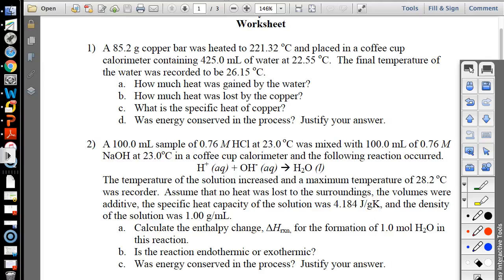I'm walking around if you need me. I'm going to put the answer for number 1, but obviously don't look up there until you're done.